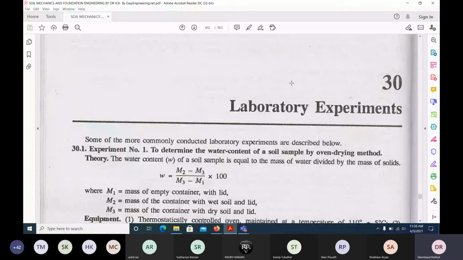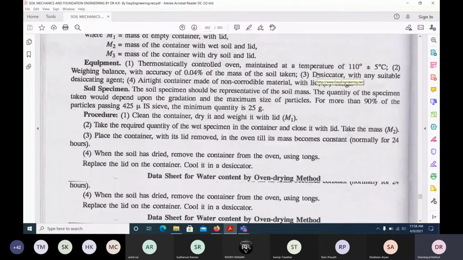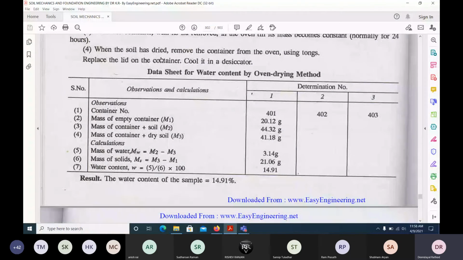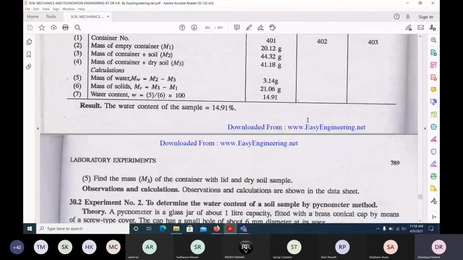There are experiments like determining the water content of a soil by the oven dry method, which we have seen: keep the sample in the oven and find the water content. In the laboratory manual the method is given very clearly.